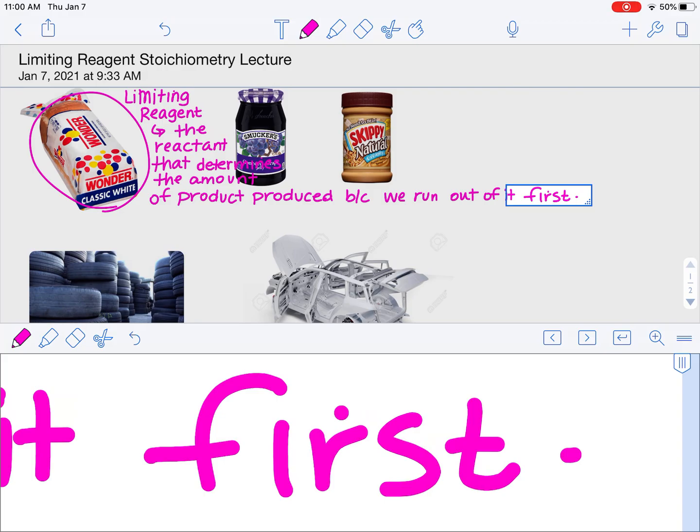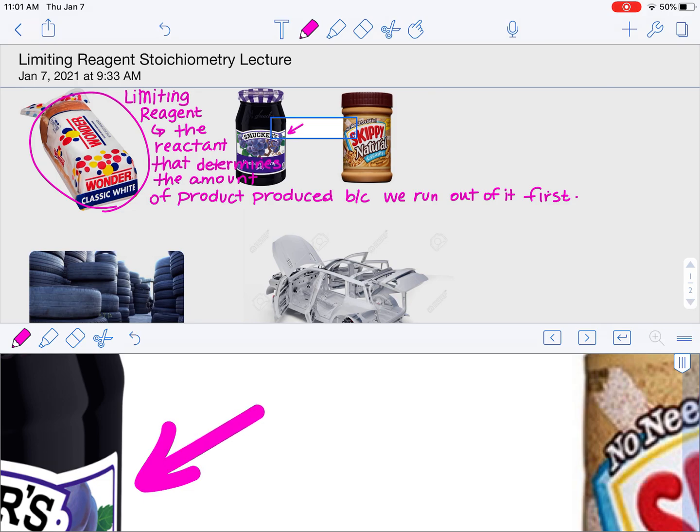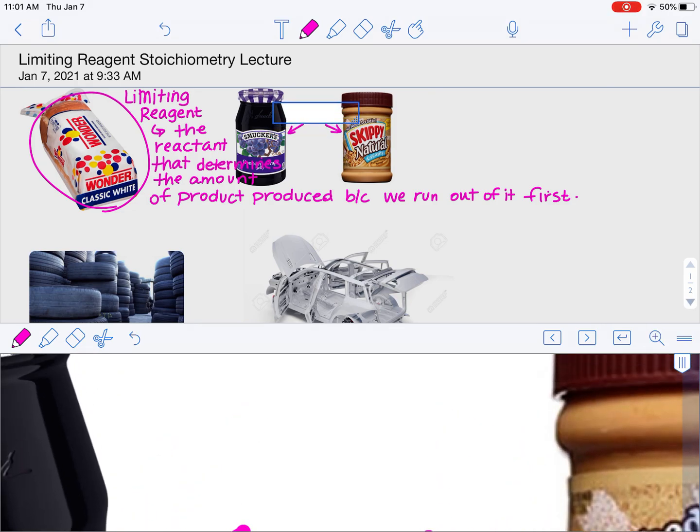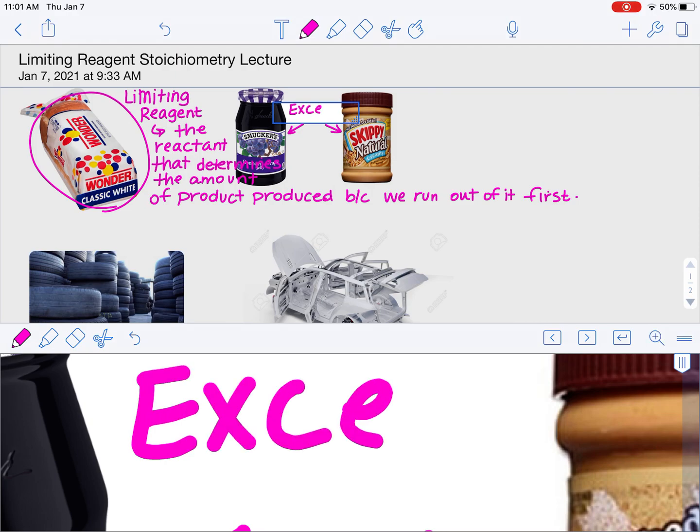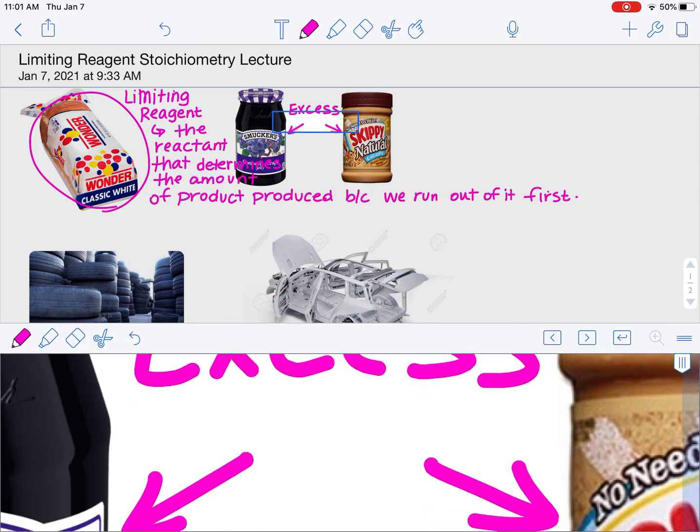In other words, after all of my bread is gone, I'm still going to have some jelly and some peanut butter left in the jar. The jelly and the peanut butter are called excess reagents.